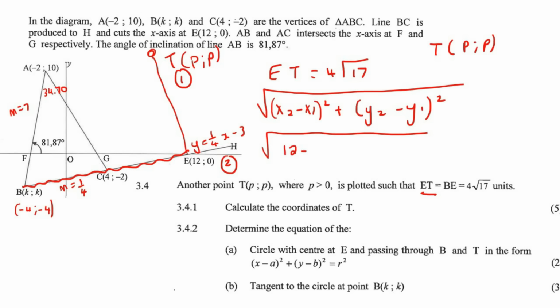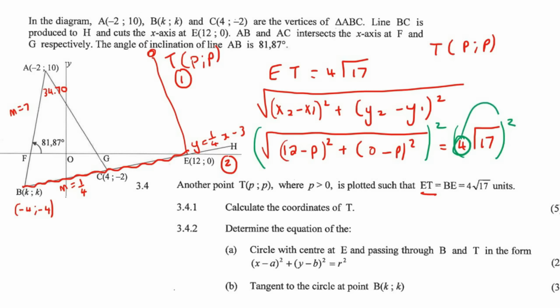12 minus P squared plus 0 minus P squared equals 4 square root 17. Then what I would do is square both sides, because mathematically I can do that, and then it gets rid of any square roots. Be careful though, guys, this 4 is going to be squared because it's not inside the square root, so look out for that.